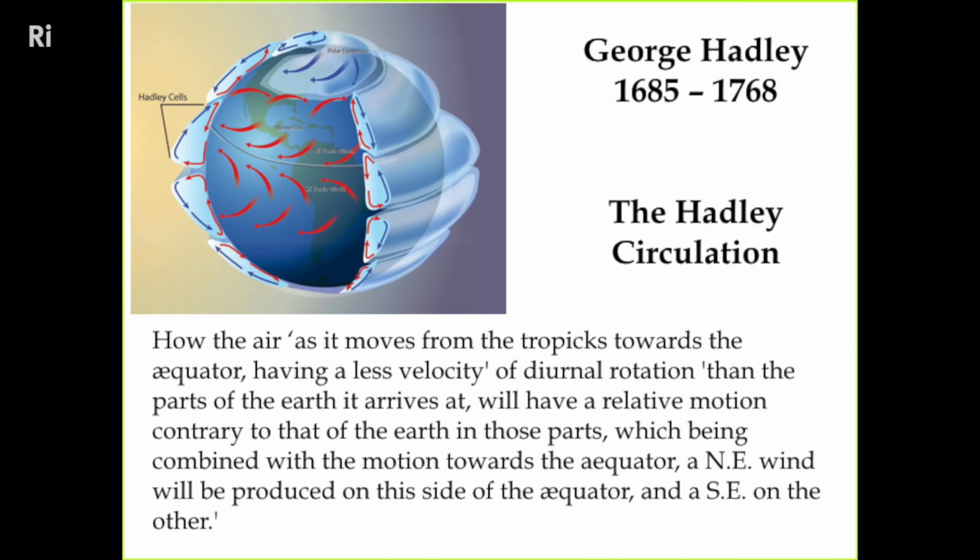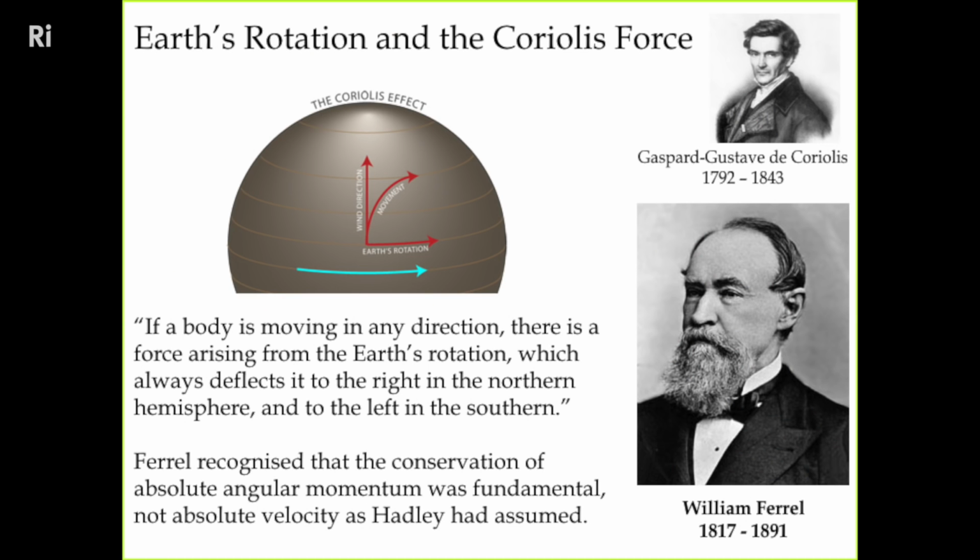And so he argued that as the air moved towards the equator, it having a relative motion contrary to that of the Earth in those parts, which being combined with the motion towards the equator, a northeast wind will be produced on this side and a southeast on the other. So here he's talking about conservation of velocity.